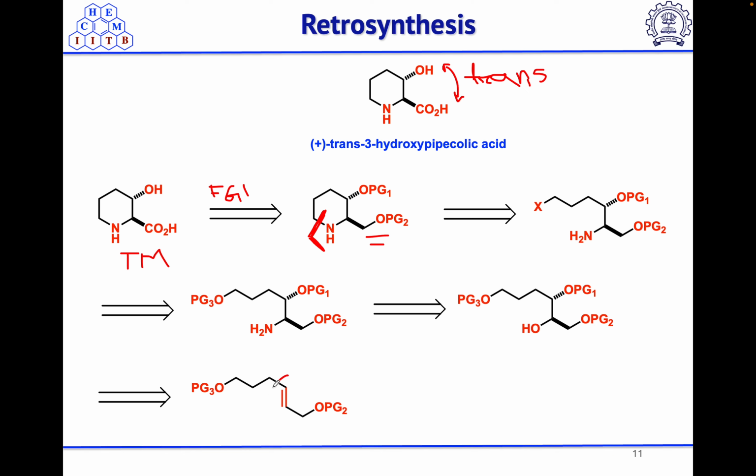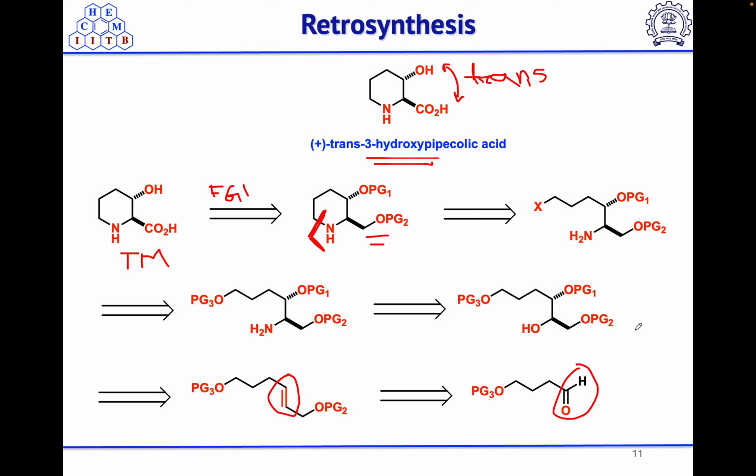We could get it from this aldehyde via Wittig reaction with the other side chain, and we will get that olefin, right? So this is our retrosynthetic plan for this piperidine derived trans molecule, this trans 3-hydroxypipecolic acid.